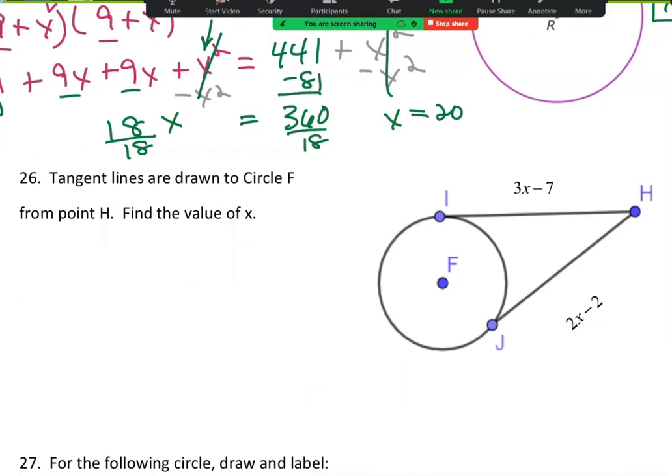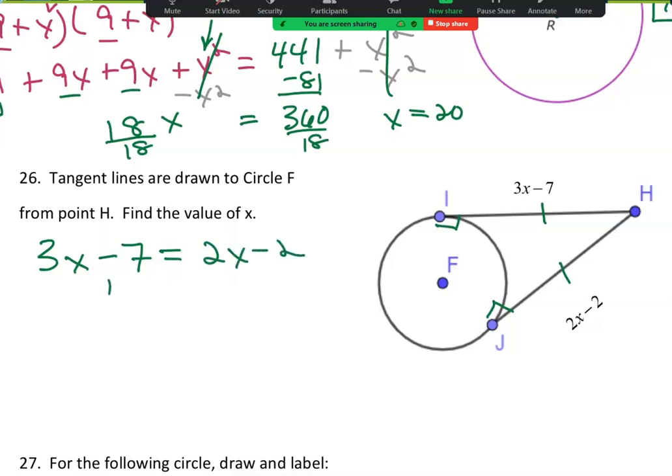Tangent lines are drawn to circle F from point H. Find the value of x. Okay, when you have tangent lines drawn from a point outside a circle to a circle, these are tangent, they form right angles. That makes this equal to this. If we're going to find x, we can set those two pieces equal to each other.